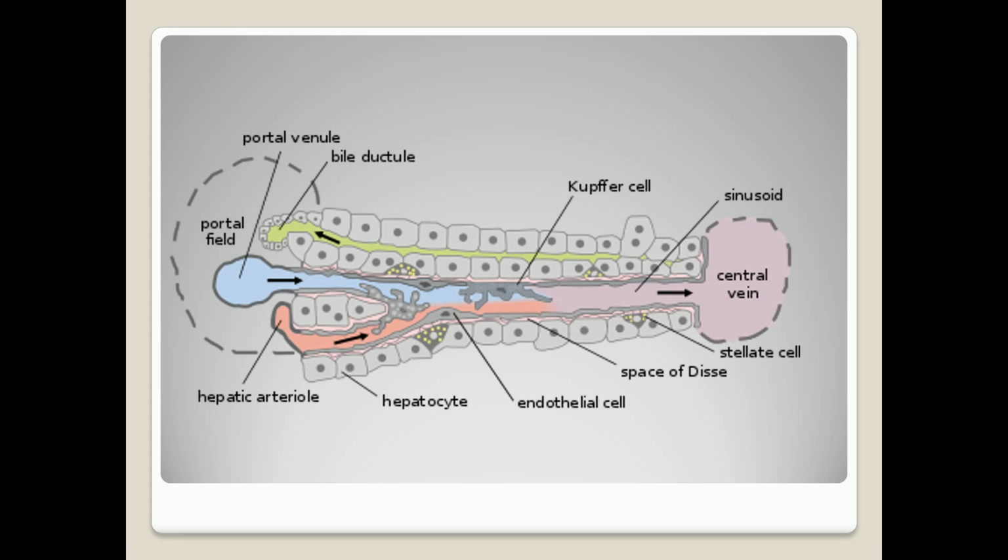All larger ducts form the largest ducts emerging from the left and right side of the liver, and they come out of the liver at the hilum to form one common duct. Now the blood supply: the liver receives arterial blood from the hepatic artery and venous blood from the hepatic portal vein.